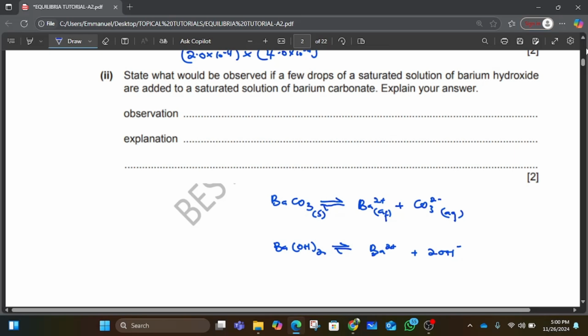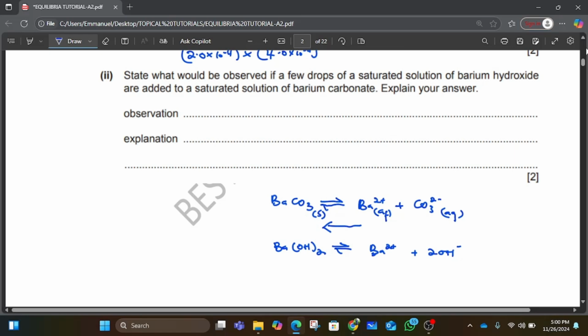So it means that as you are adding the barium hydroxide, you are adding more Ba2+ ion to the already existing Ba2+ ion in the barium carbonate. And so due to common ion effect, as you are adding more Ba2+ ions to the product side of the barium carbonate, the equilibrium is going to shift to the left side.